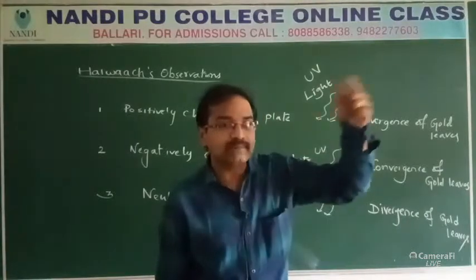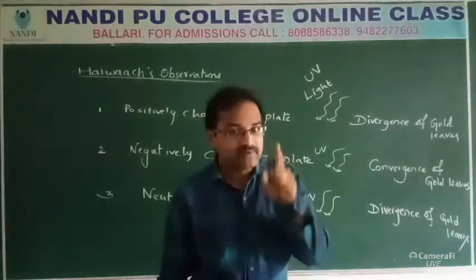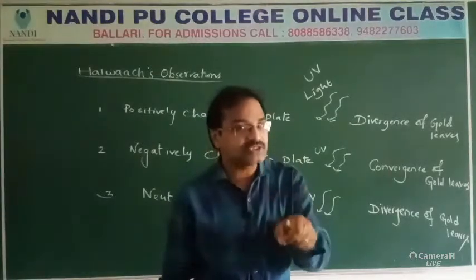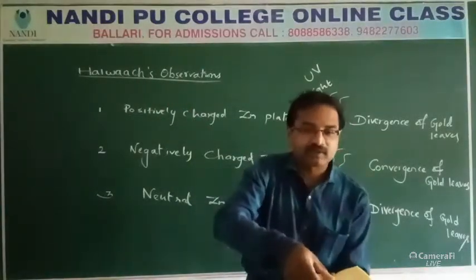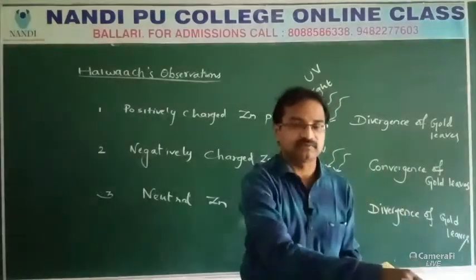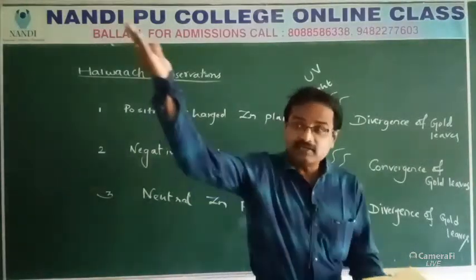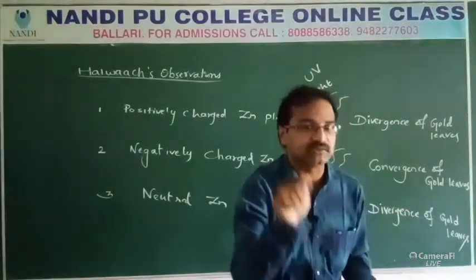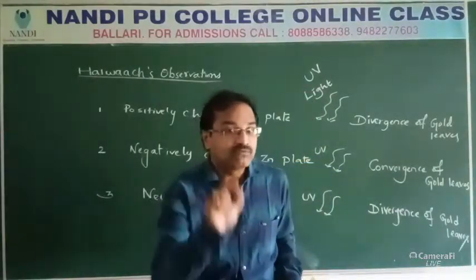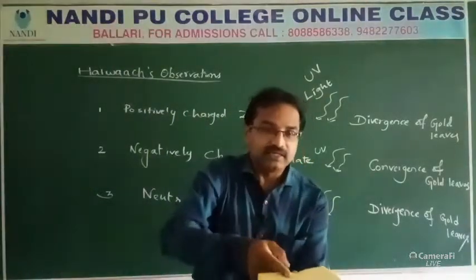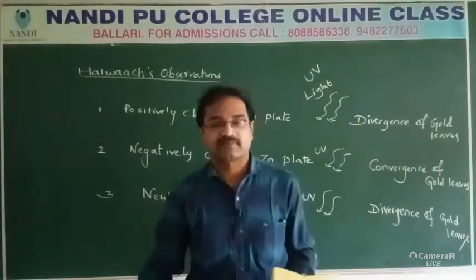When light of suitable wavelength, suitable energy, for every metal there is a minimum energy called what? Work function. If the incident energy is at least equal to the work function, electrons come out, and with more energy also electrons come out. If the incident energy is less than the work function, no emission of electrons takes place. They observed that if the frequency of light is less than a particular value, electron emission does not take place.